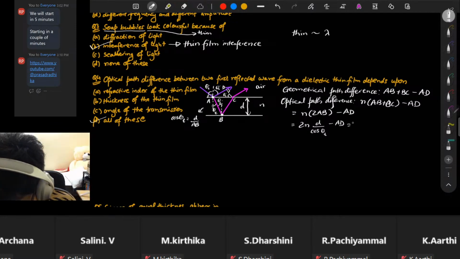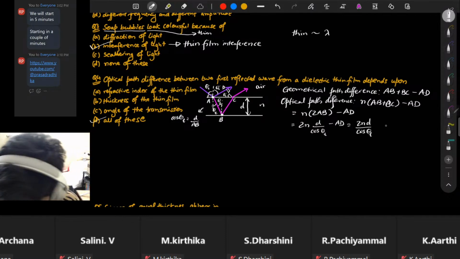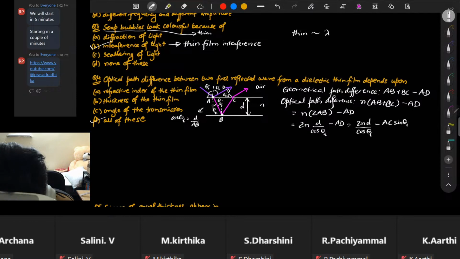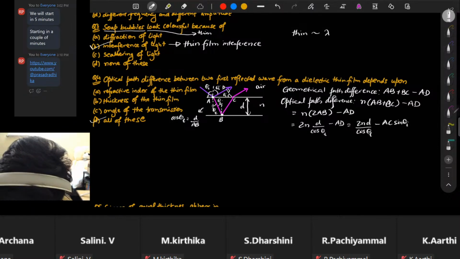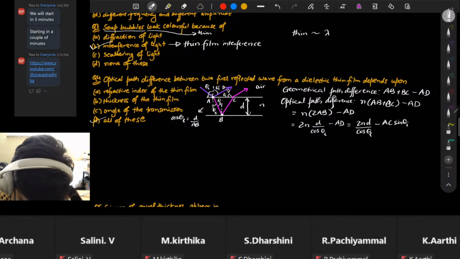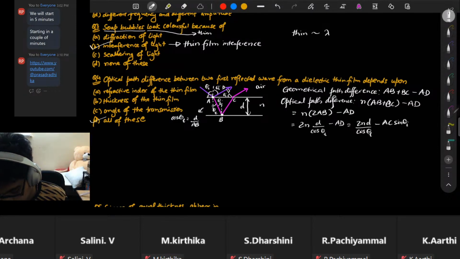Now we can put in AD also. AD is AC sin theta I. From this triangle over here, sin theta I is AD over AC.